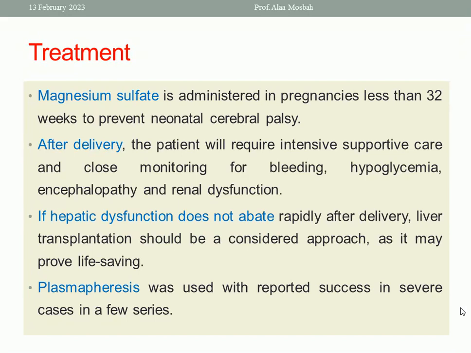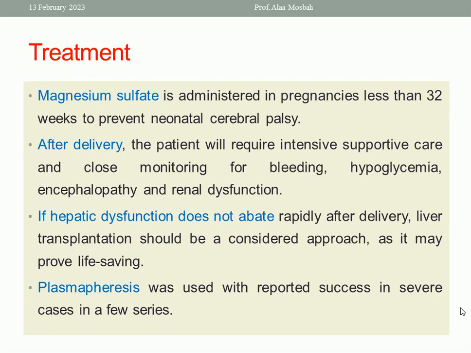Sometimes the condition deteriorates, and plasmapheresis is used in certain hospitals for acute fatty liver of pregnancy complicated by liver failure.